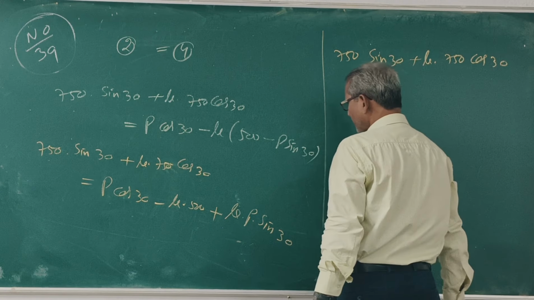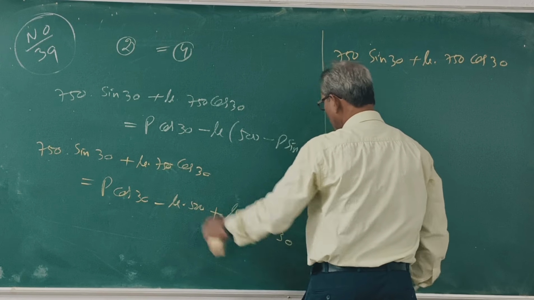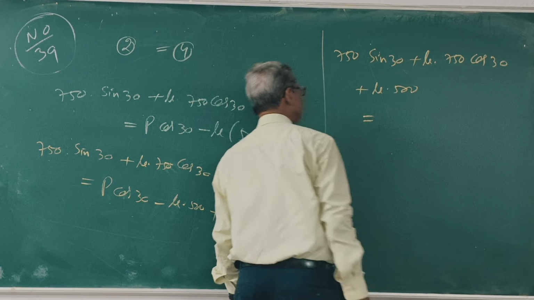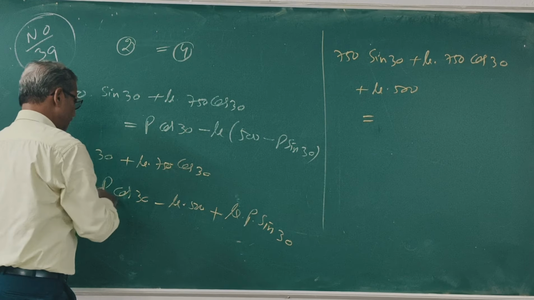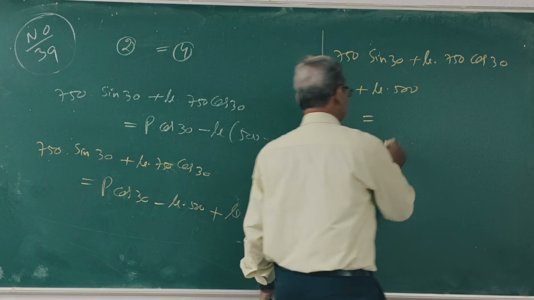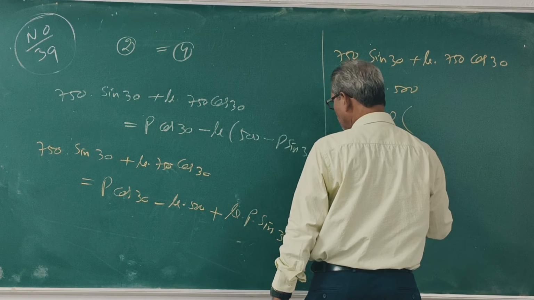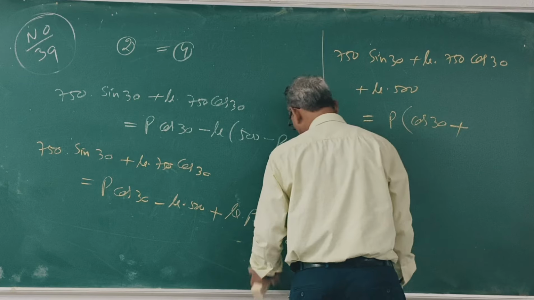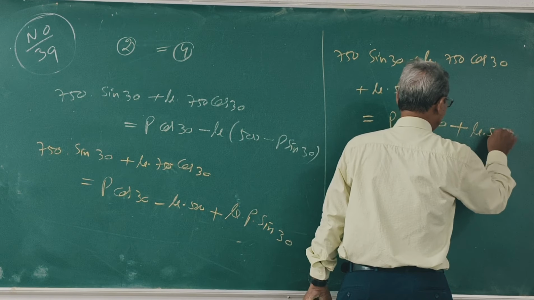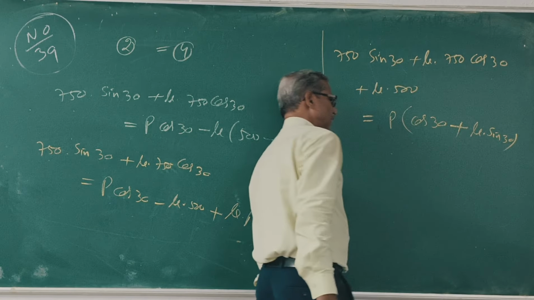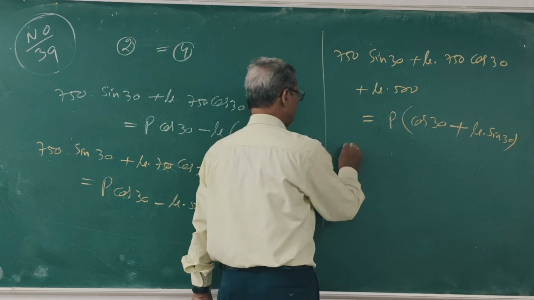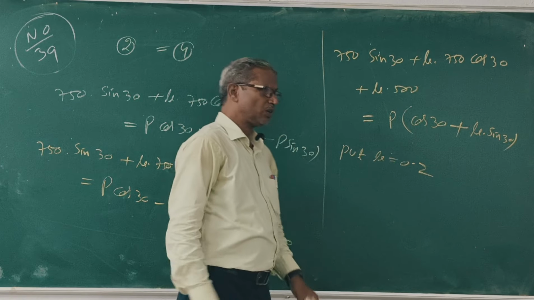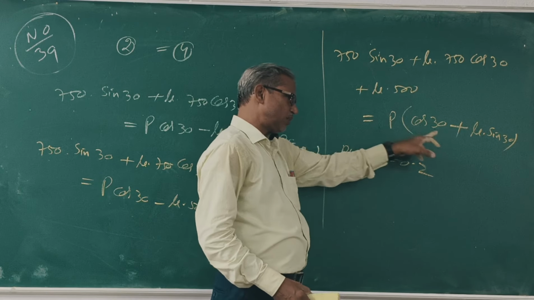Plus mu into 500 is equal to P into cos 30 plus mu into sin 30. Clear? Put mu is equal to 0.2. Here mu 0.2, here mu 0.2, here mu 0.2. Clear?